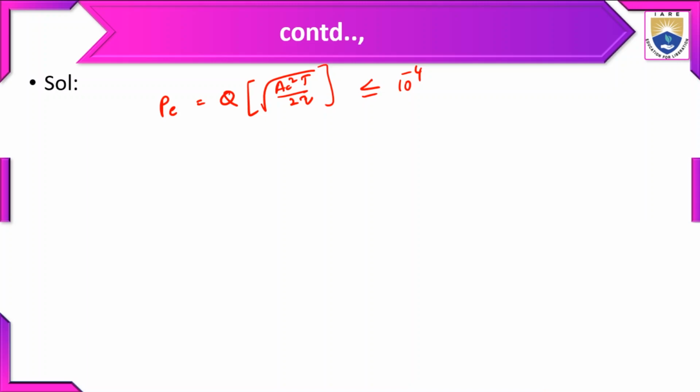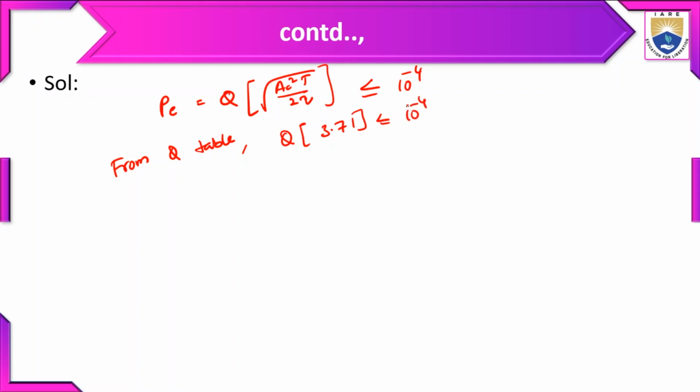Now from the Q table, because previously error complementary function tables were used but here Q tables are used, Q of 3.71 is less than or equal to 10 power minus 4.